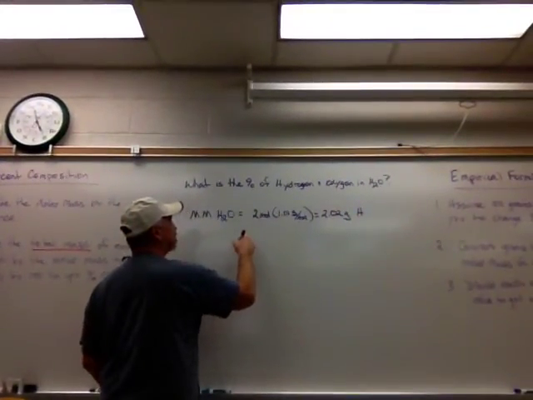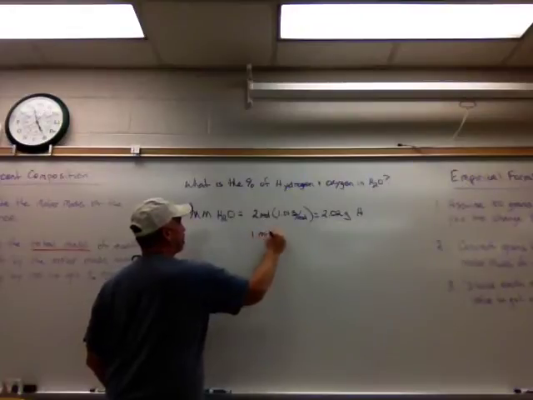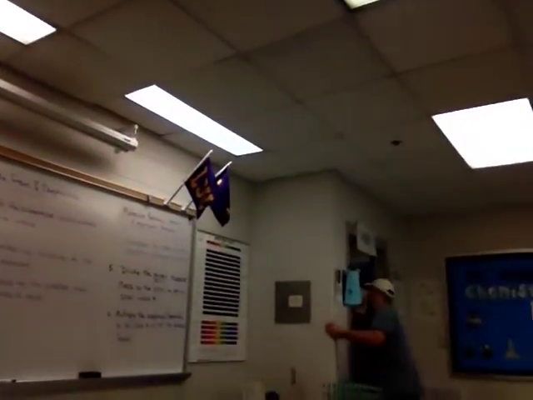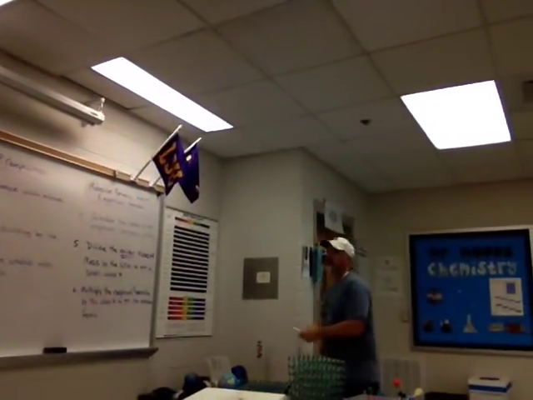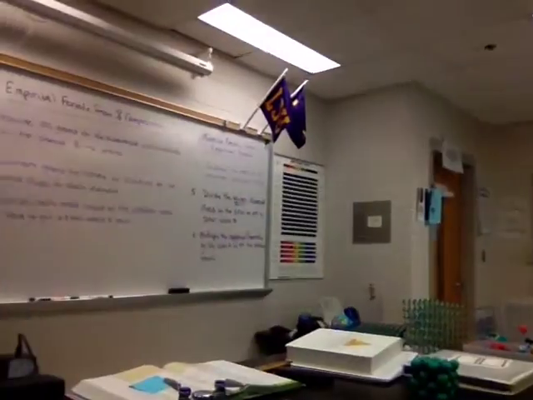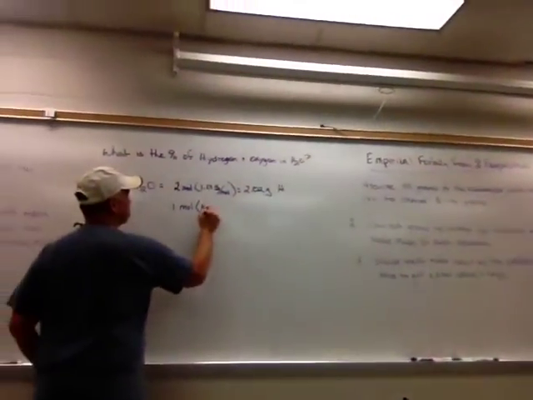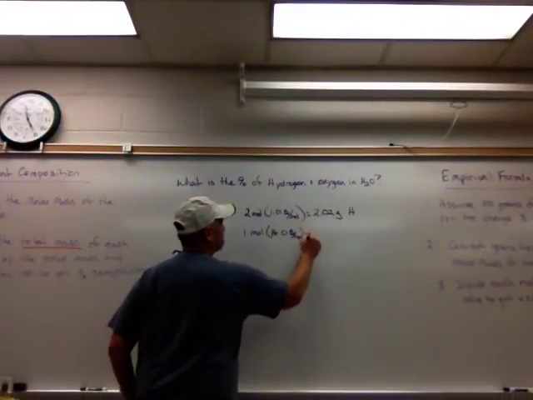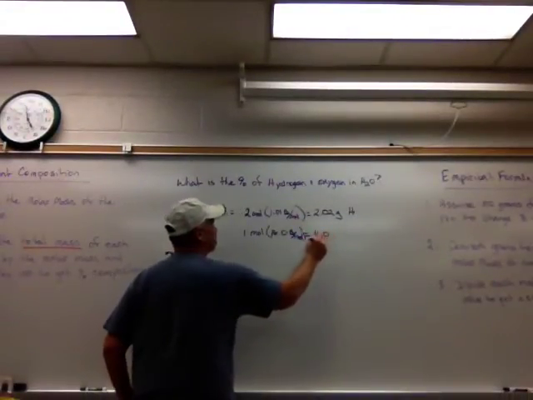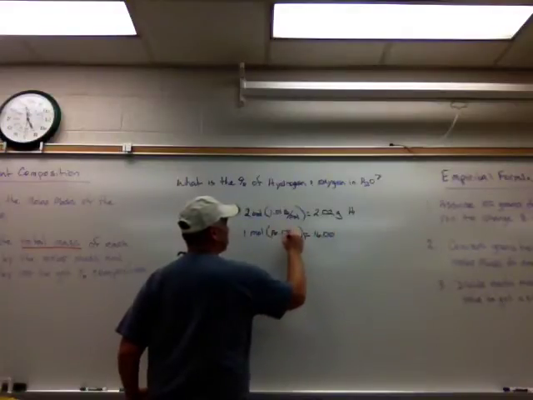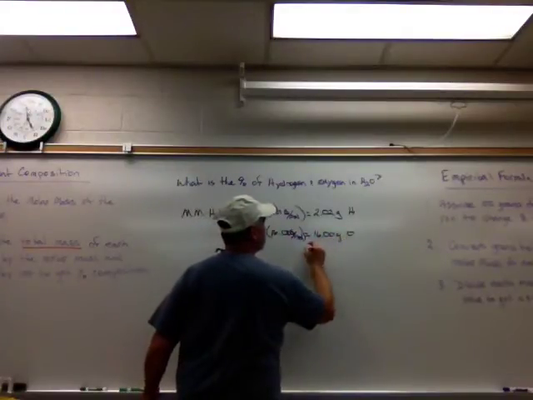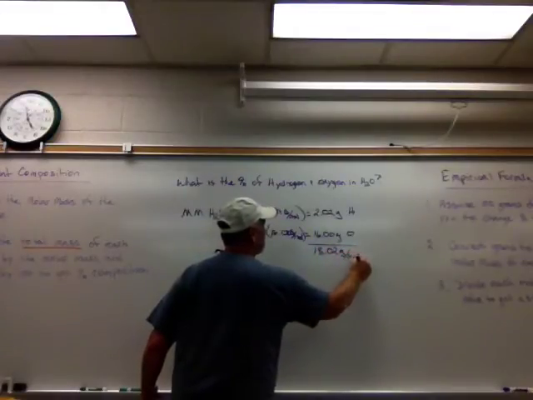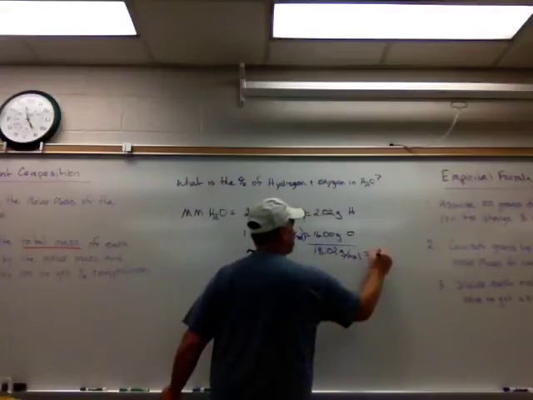And then the oxygen is going to be 1 mole times the atomic mass of oxygen, which is 16.0 grams per mole. So that's going to be 16.00, if we want to carry another sig fig, grams of oxygen. So the molar mass is 18.02 grams per mole. That's the molar mass of water.